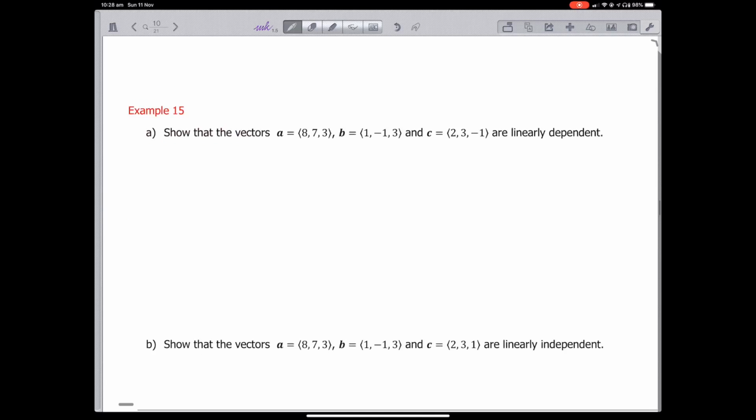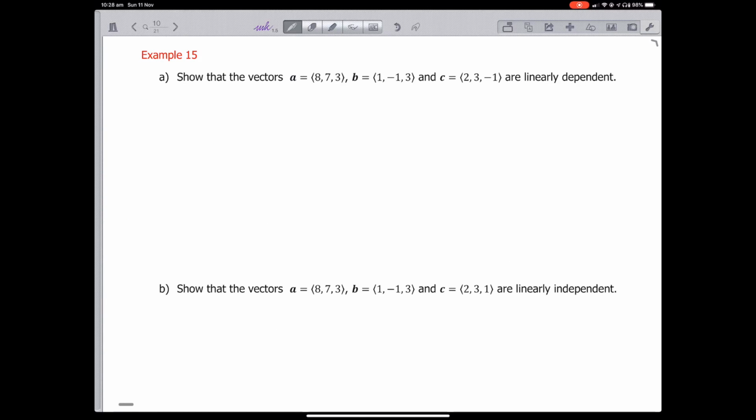Okay, there's more. Show that the vectors 8, 7, 3, 1, negative 1, 3, and 2, 3, negative 1 are linearly dependent. Okay, so let's do the same.